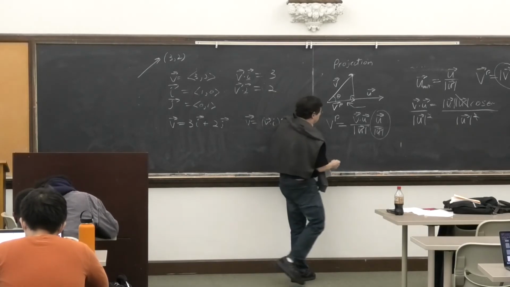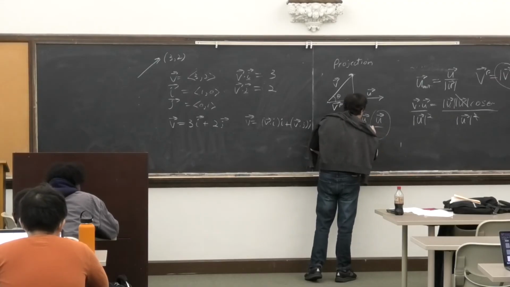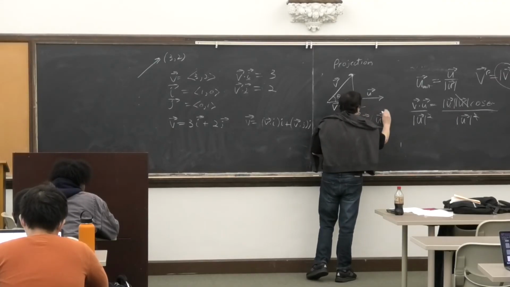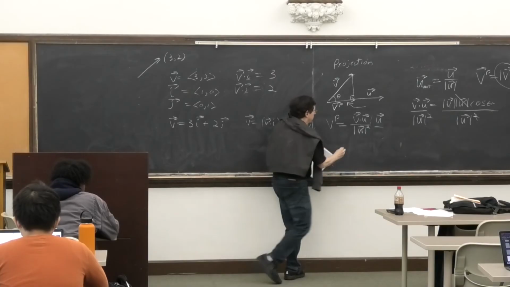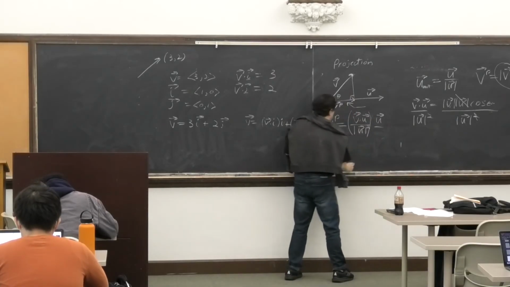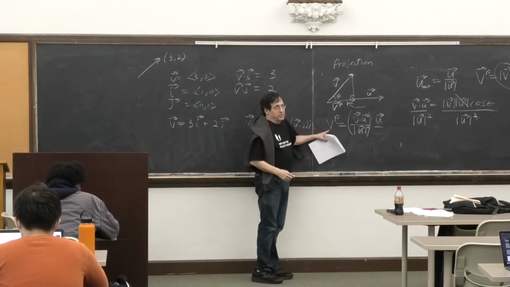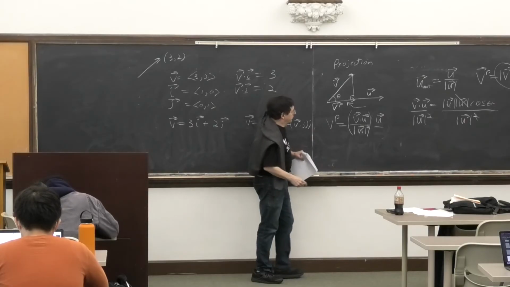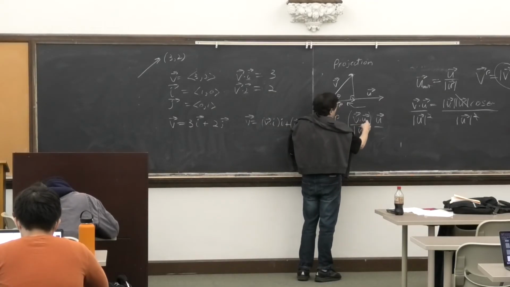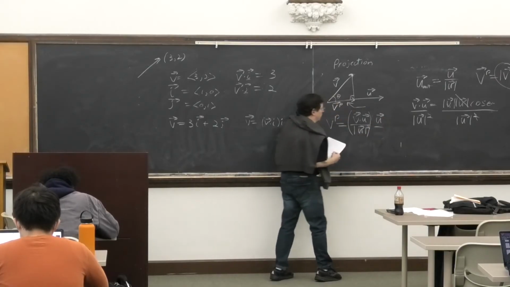No, I don't really want to do that. I want to leave that here. Okay, so this is what I'm looking for. I have a way of calculating this projected vector now. It's v dot u over the norm of u squared times the vector u.